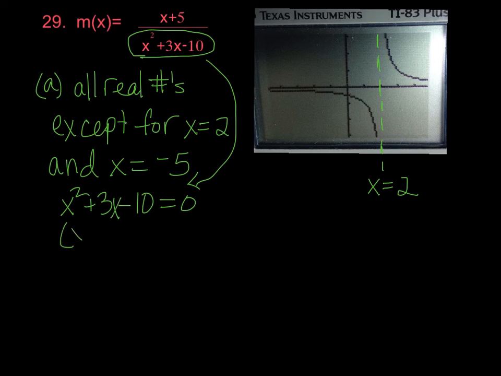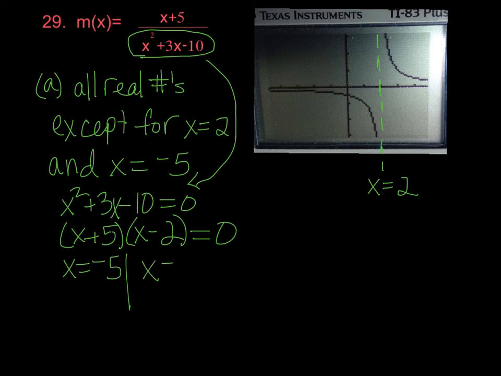So if I do that, I'm going to get x plus 5 and x minus 2. And when I set that equal to 0, you're going to see that I get x equals -5, there's where it came from, and x equals 2. And then you can see, obviously, those are the values that cannot be in the domain. All right? So that's for part A.